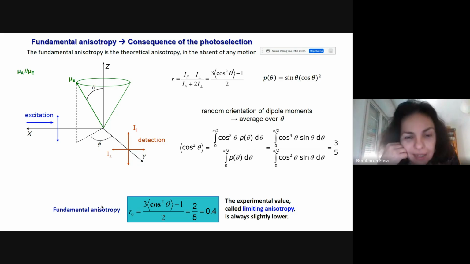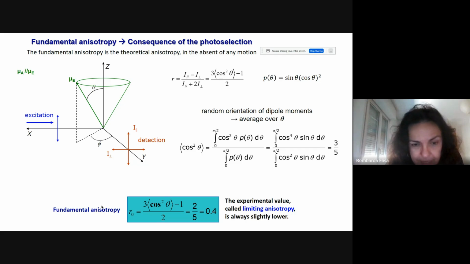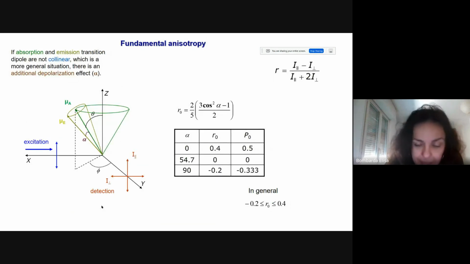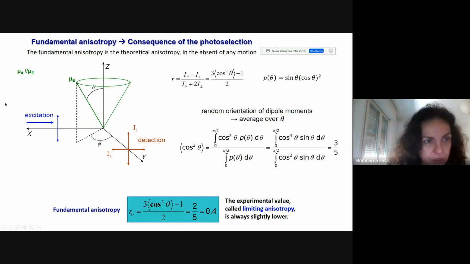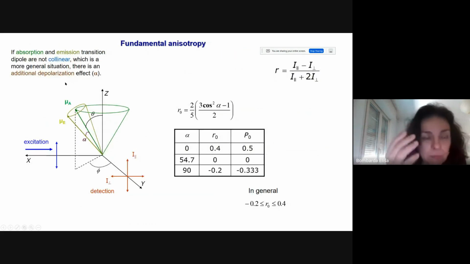So in reality, there are other aspects that play a role, but that is the fundamental anisotropy in such a very particular case that we have described. That is a particular case, as you see, where there is this parallel. Let's see a more general case.